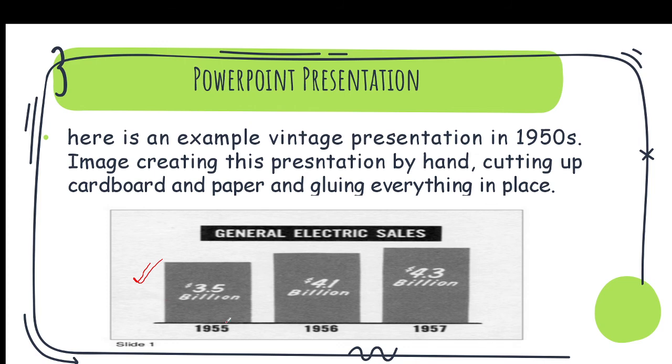It looks very neat and tidy, but all of this is done with the help of cardboard, papers, and glue. But nowadays, if you have to do this, it takes maybe just 1 minute or 2 minutes, right? So before the PowerPoint presentation came onto the scene, you had to do everything by hand. It really takes time and you have to spend lots of money.